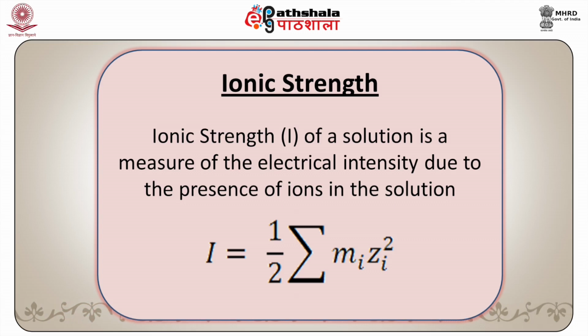In other words, ionic strength is the cumulative measure of both charge on the ion as well as its concentration in the solution. Mathematically, ionic strength I is equal to half of the summation of Mi into Zi square, where Mi is the molality of ion i and Zi is the charge on ion i.